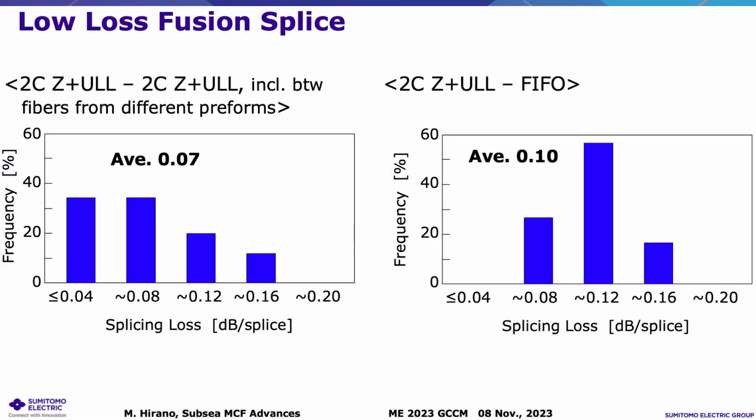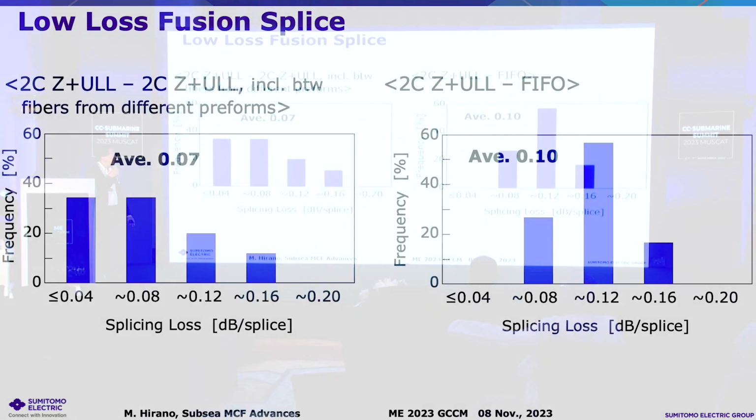The average splicing loss is 0.07 dB per splice. This includes fibers from different preforms, not only the same preform. Sometimes people are concerned about different lots and different preforms because of changes of the configuration, but no problem. Splicing loss is very low.